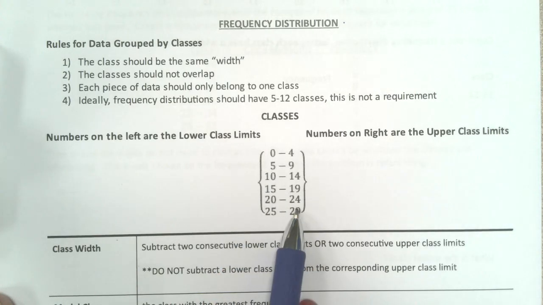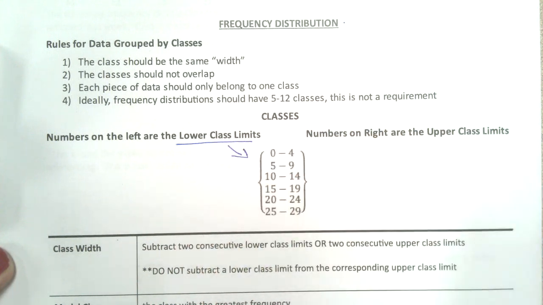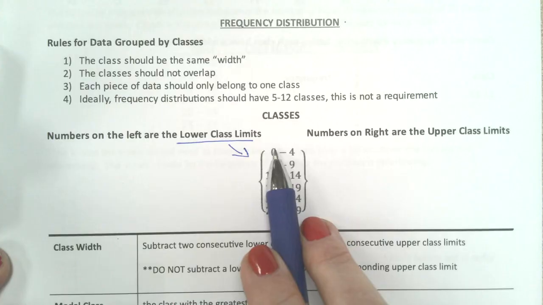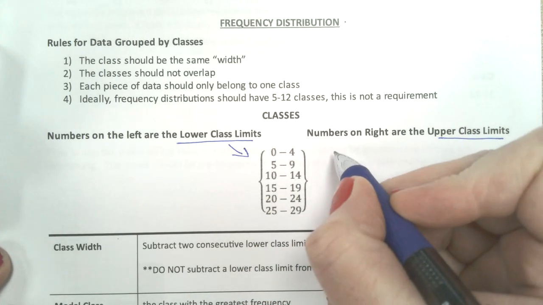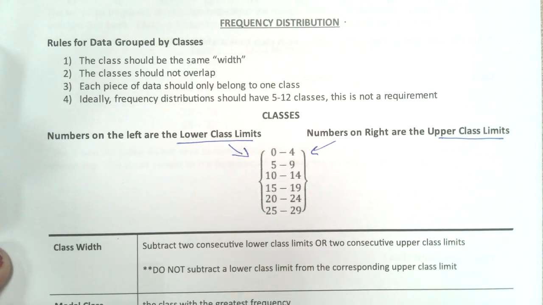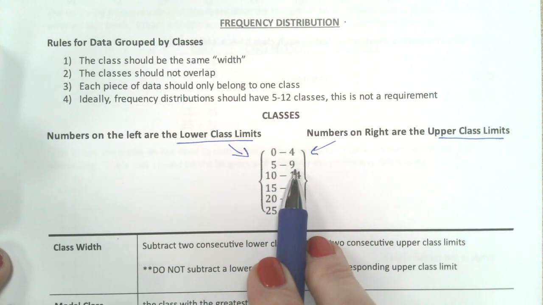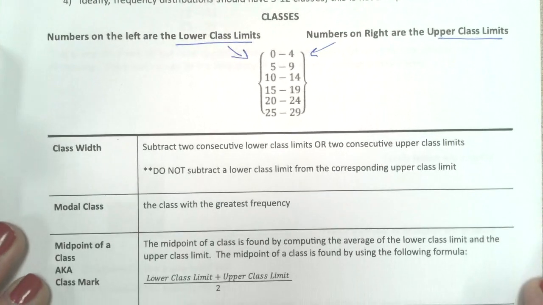All right, so this is what a class would look like. The numbers on the left represent the lower class limits. So in the class of 0 to 4, the lower limit is 0, and the upper limit is 4. In the next group, the lower limit is 5 and the upper limit is 9, etc. They should have the same class width.